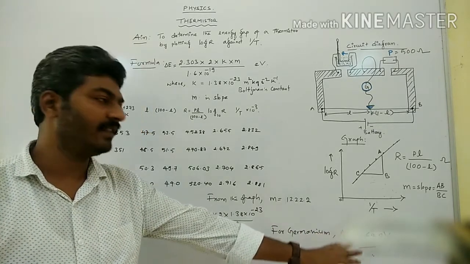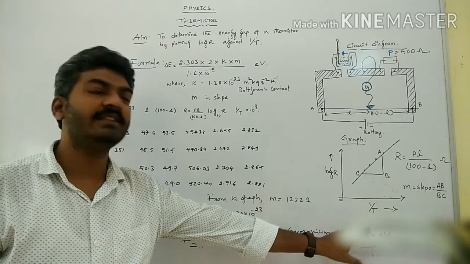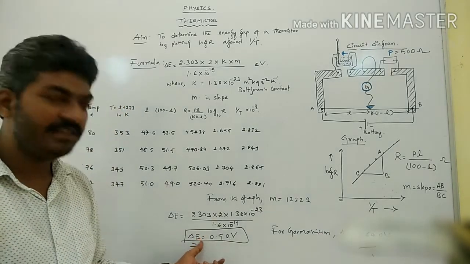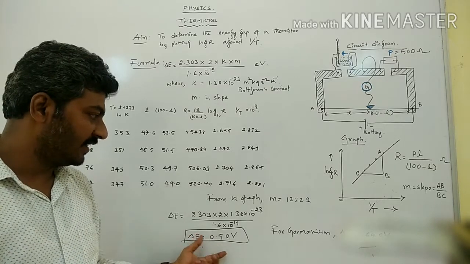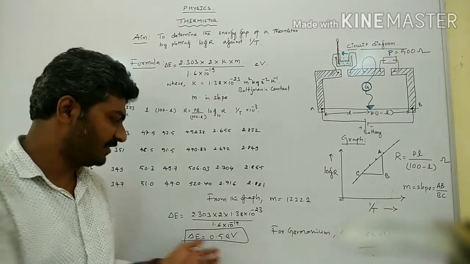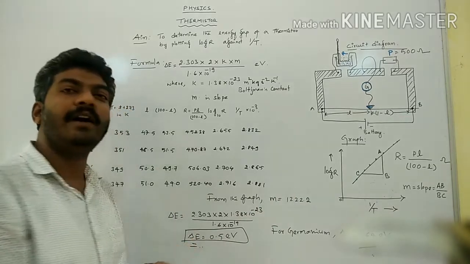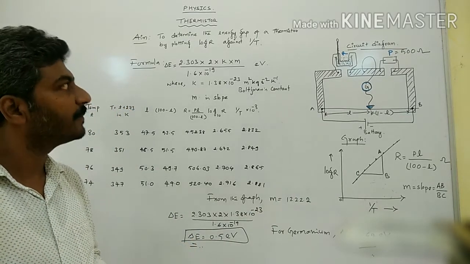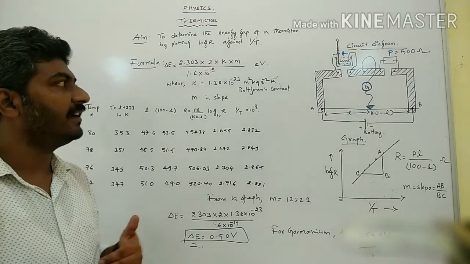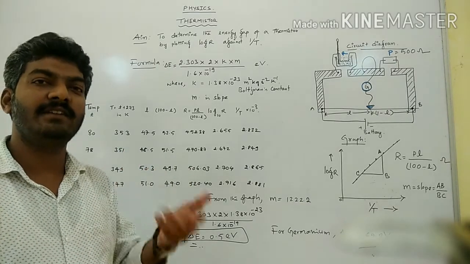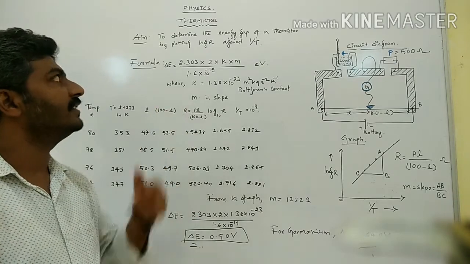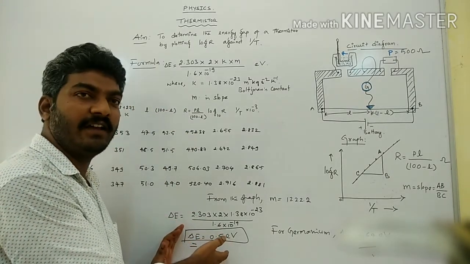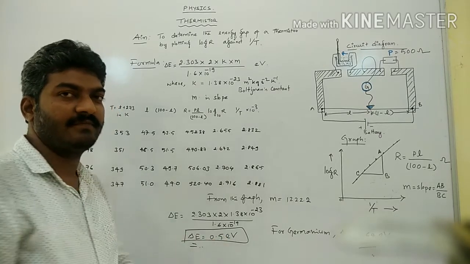For germanium, the energy band gap is 0.67 electron volt. So the material used in this thermistor is germanium, since this value is approximately equal to 0.67 electron volt. So we can find which semiconducting material is used in the thermistor by knowing the value of energy. Thank you.